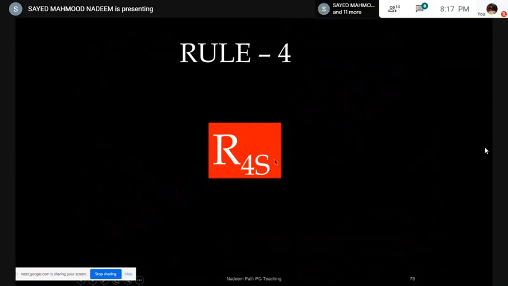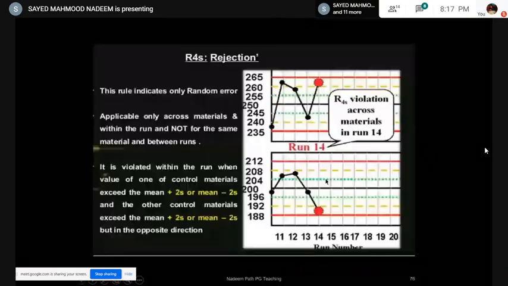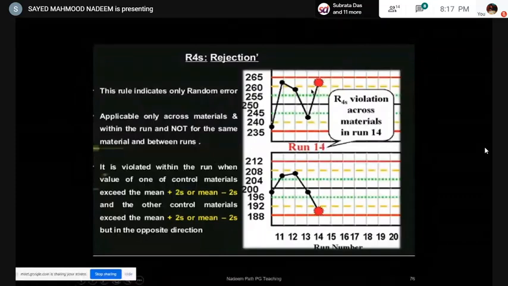That means on day 14th, the lower level control shows a negative 2S, while the higher level control shows a positive 2S deviation. So it's reciprocating in 2 different directions of 2S, and this is called R4S.